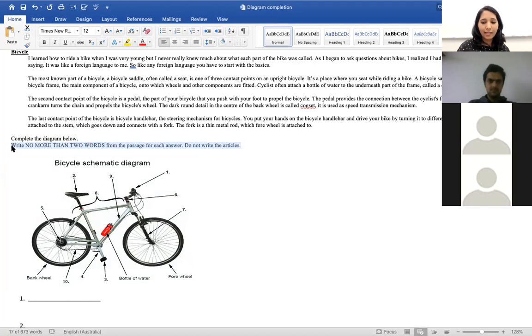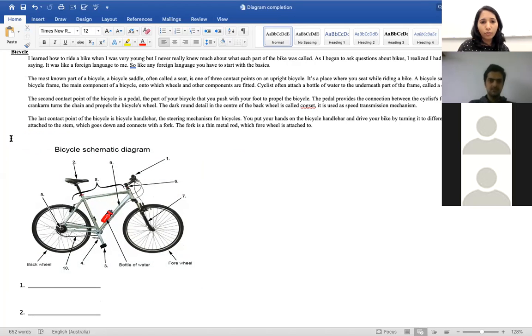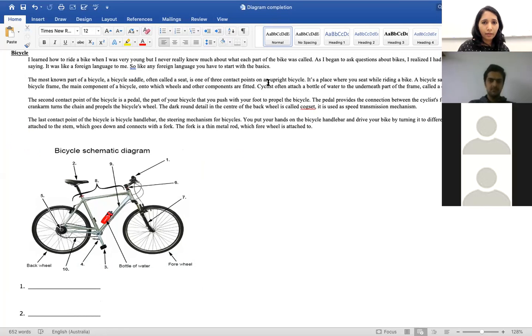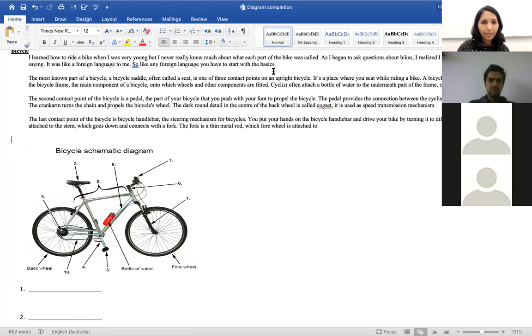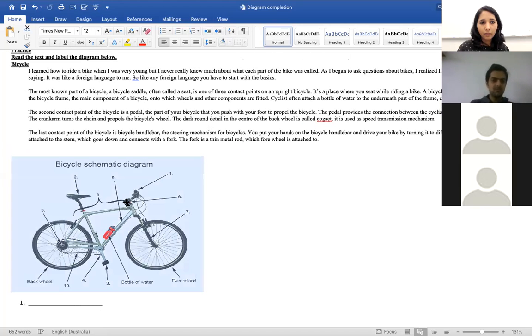So I'll just remove these 2 lines. So you have to complete the diagram below, and the word limit is not more than 2 words. I think now it's going to be a bit better for you. You can drag it down even more, because we do not need 1 and 2 options. Okay, I'll leave them.